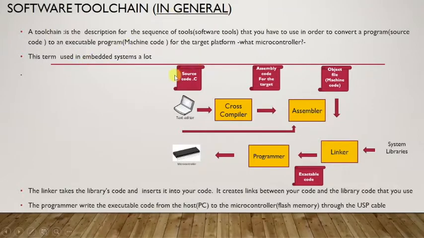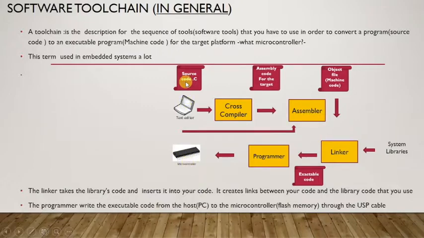Here we explain the software toolchain in general. For example, you write your own code on your PC. You write your source code in a high-level language, for example, C or Java or C++. You use a cross-compiler. What I mean by cross-compiler is compilation on one machine to be executed on another machine. So you compile the code on your PC while it will be executed on a microcontroller.